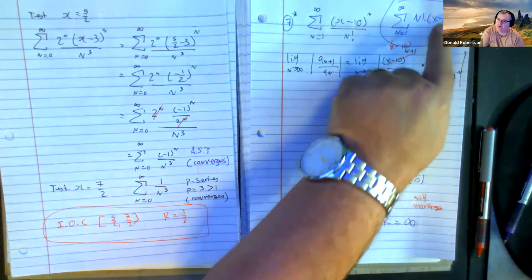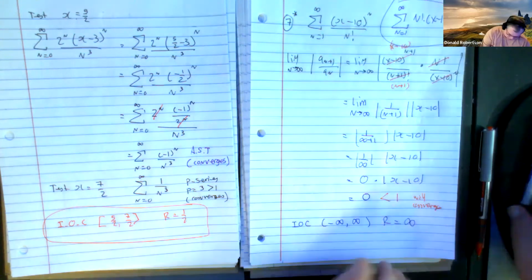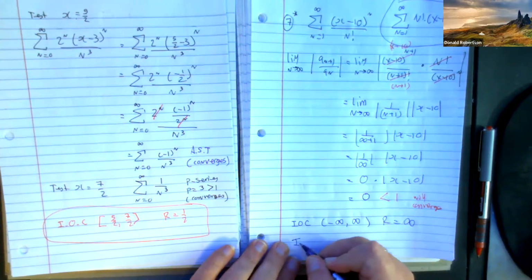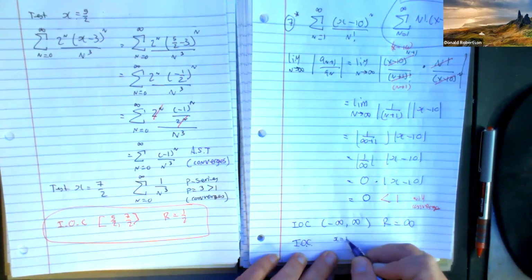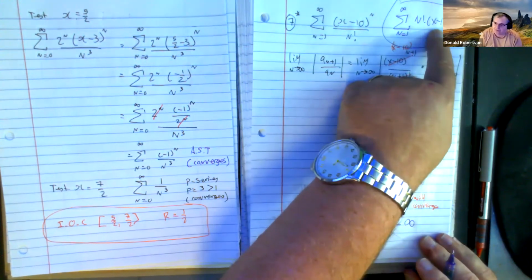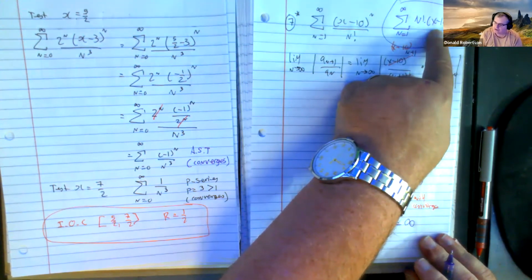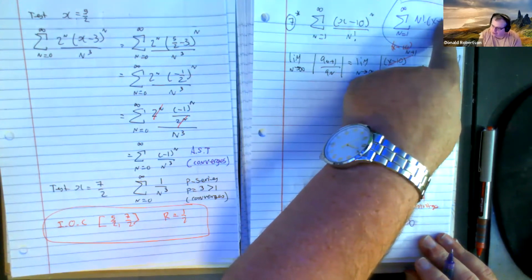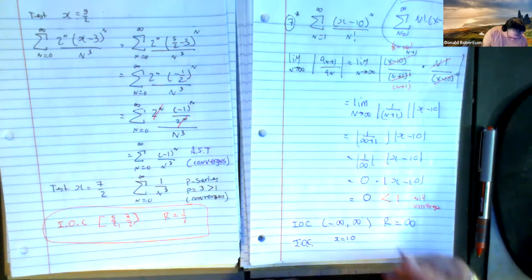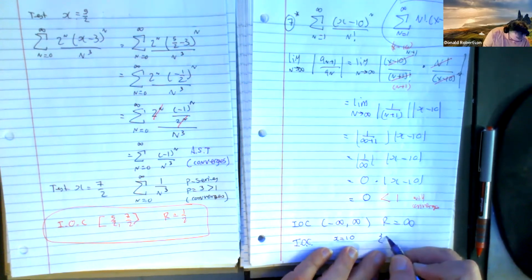Except when this guy is 0. So the difference would be the interval of convergence is nobody except x equals 10, right? You know, when you move the center, you move the only guy that works, right? When that was x to the n, x equals 0 is the only guy that works. Here it's 10. And so you would write it like that.